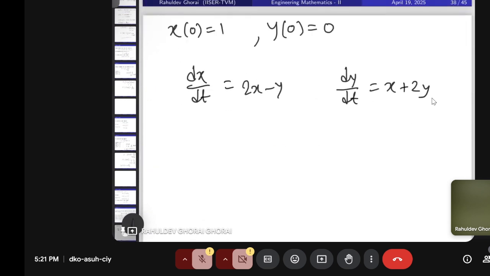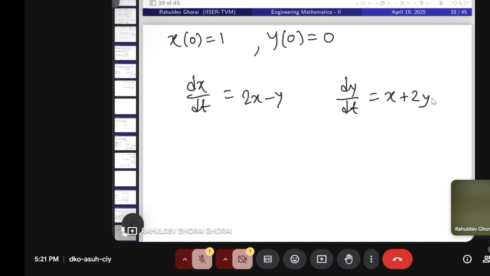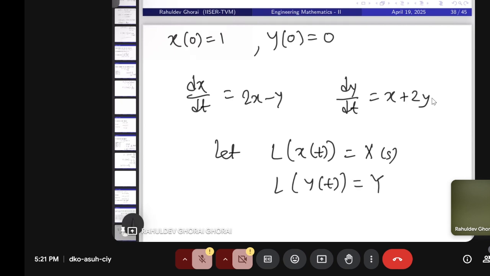So I will denote L of x(t) as X(s) and L of y(t) as Y(s).